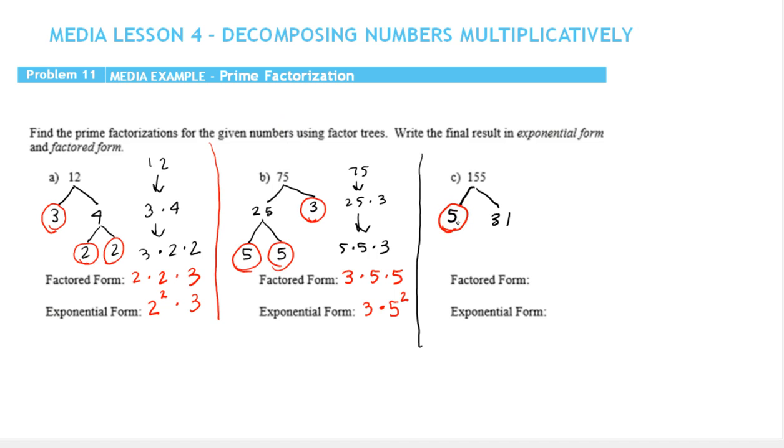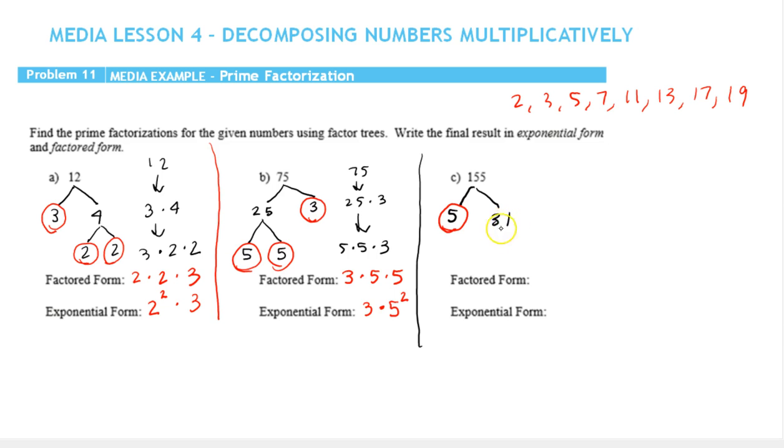Now is 31 prime? Well, that wasn't in our list of the first few primes. Our list went up to 19. We had 2, 3, 5, 7, 11, 13, 17, and 19. And we didn't go up far enough to see if 31 was on our list. I think it's prime, but we should really check this.